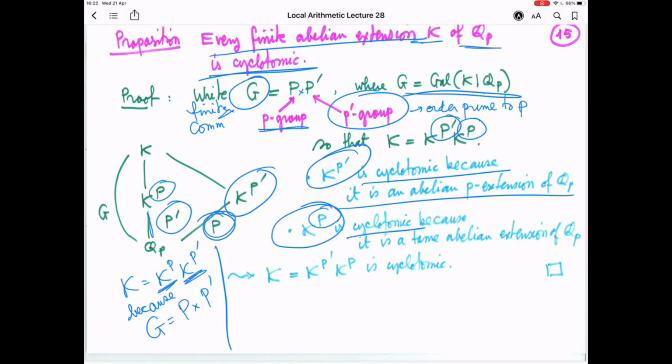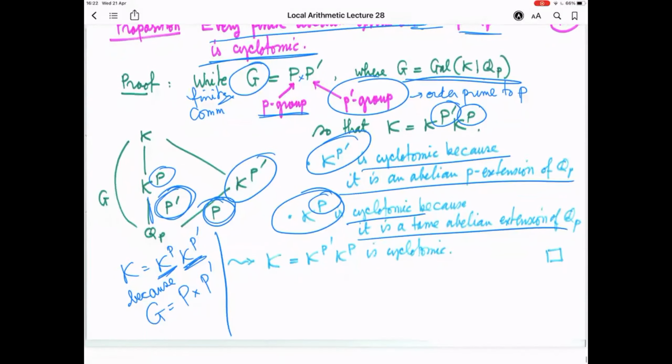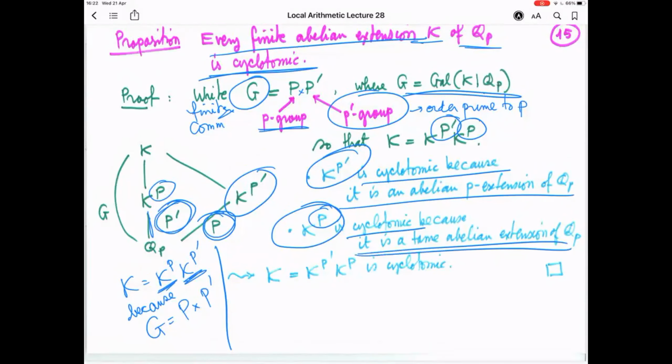It's cyclotomic because it's a tame abelian extension of QP. It's tame because the degree is prime to P. So it may be ramified, unramified, whatever. If it's ramified, it's tamely ramified, not wildly ramified. And for tamely ramified extensions, we have already proved that they are cyclotomic. And therefore, the compositum is cyclotomic.